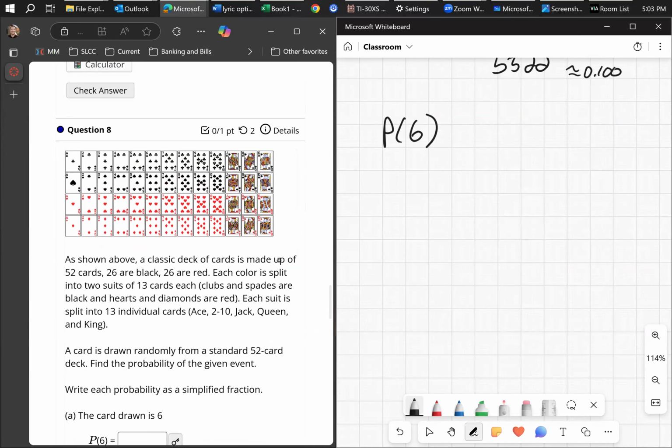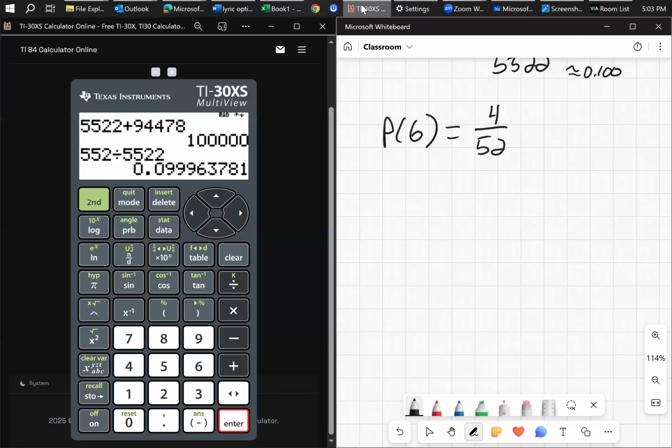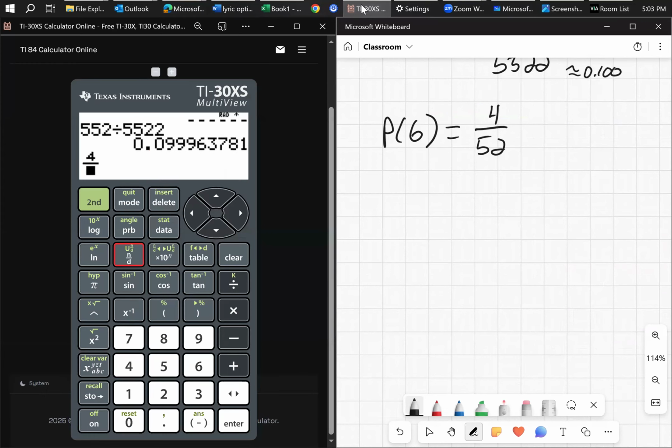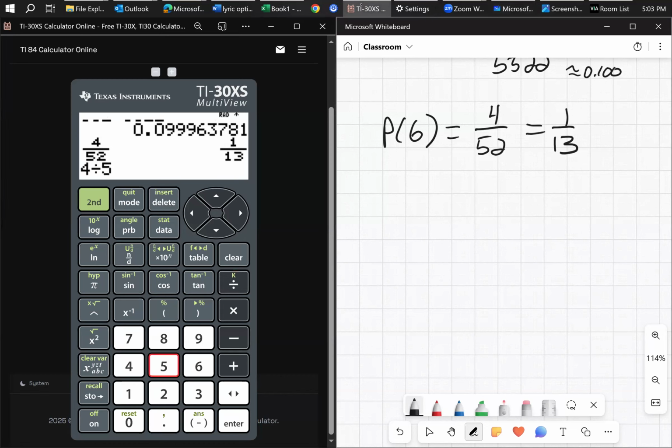Well, we can see there are 1, 2, 3, 4 6s out of 52. Let me demonstrate your calculator's tools. If you use your fraction button and hit enter, it'll reduce for you. If you don't, and you just do a division, if you don't have this calculator, it will give you a decimal.